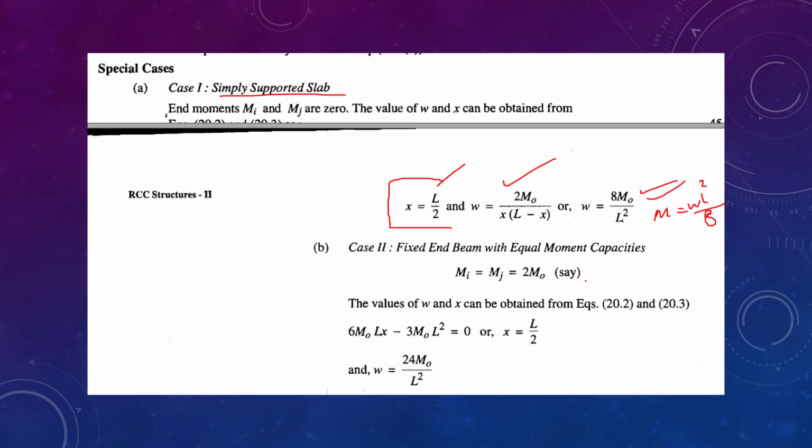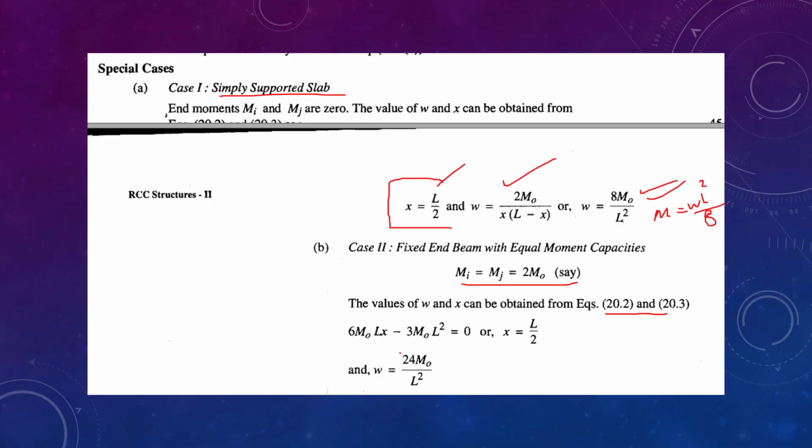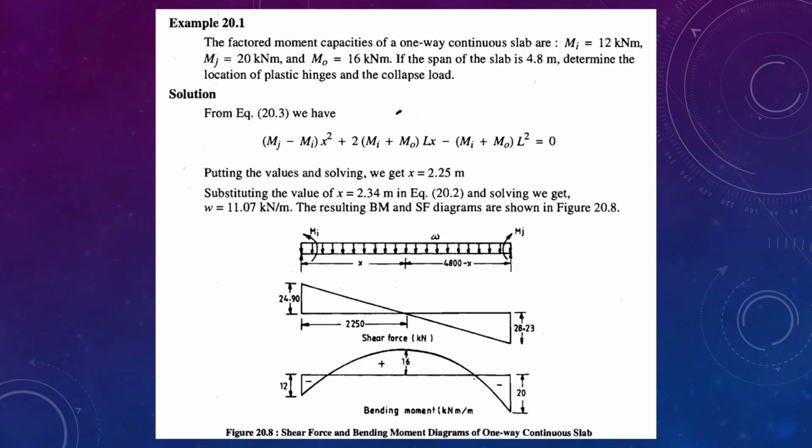That is for simply supported. For the fixed ends, Mi will be equal to Mj, and you can use equations 20.2 and 20.3 to solve for W, which will be W is equal to 24 into M0 by L square.